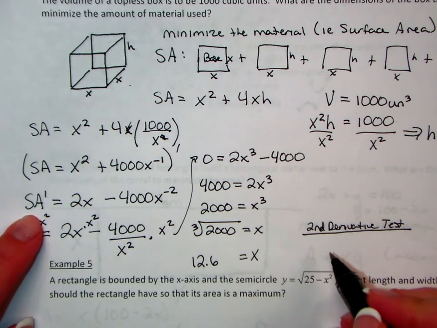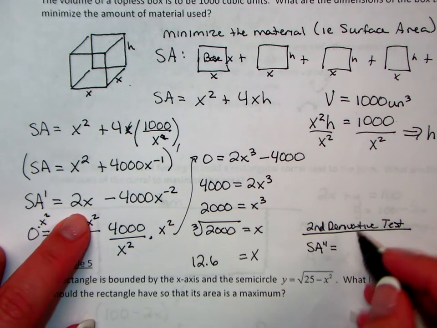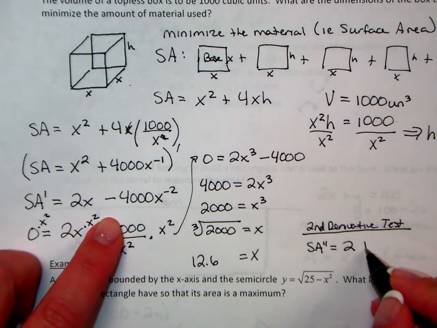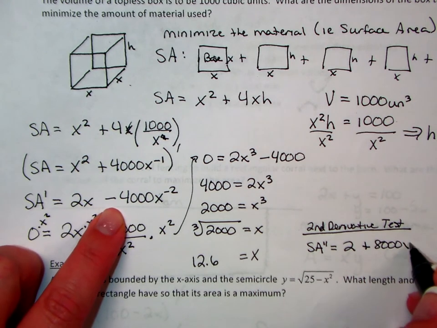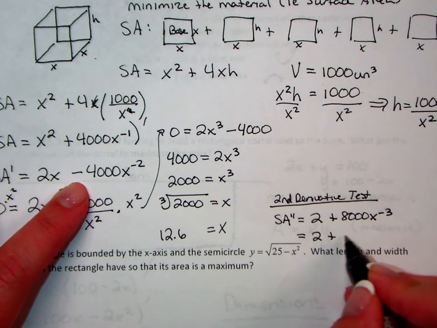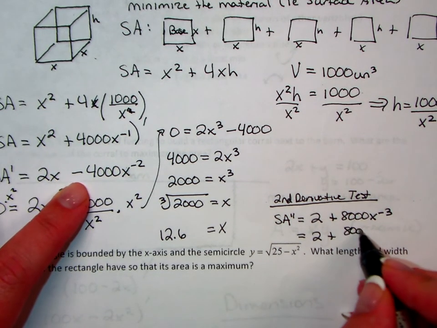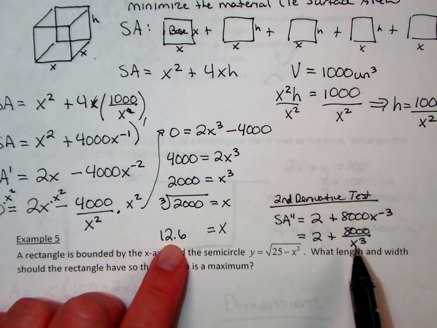So I'm going to take the second derivative. The second derivative of surface area is 2 plus 8,000 x to the negative 3. Just like the last time, if I change that negative exponent to the denominator, I'm plugging in a positive x in there.